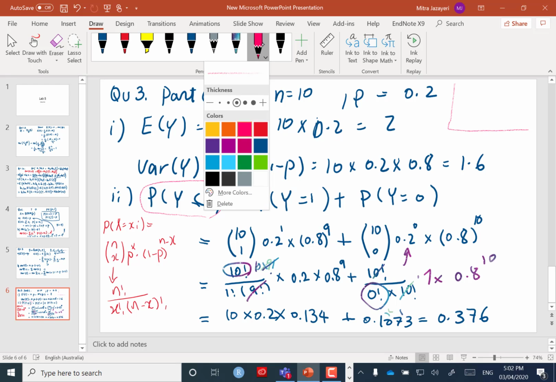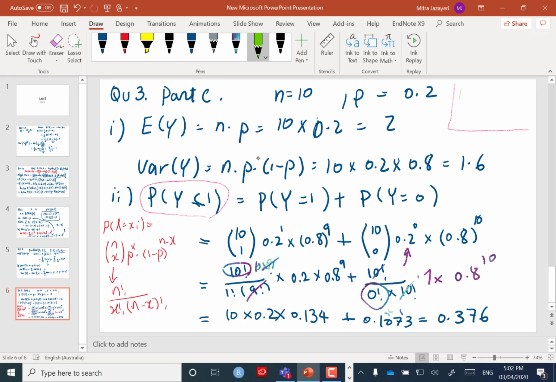You will have 1 as the value, the probability of Y less than or equal to 1, and then n is 10 and the probability of success is 0.2. All right, so you know how to write it in R as well.